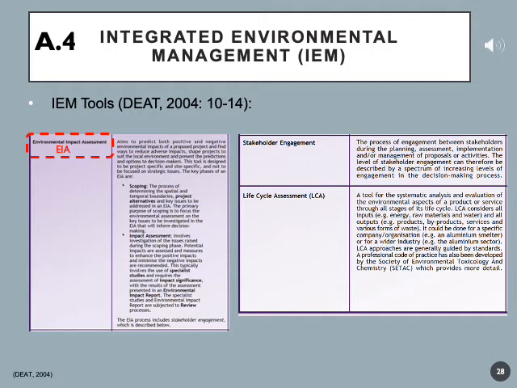I particularly like life cycle assessments, and I think in future we might rely on these a lot more. It is a tool for the systematic analysis and evaluation of the environmental aspects of a product or service through all stages of its life.